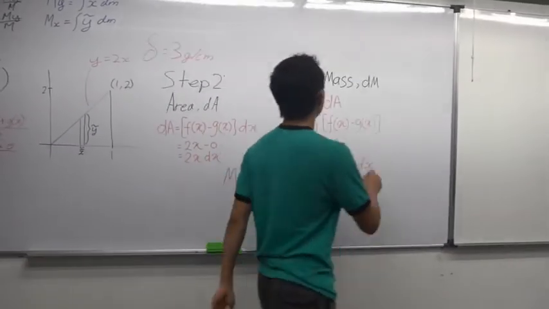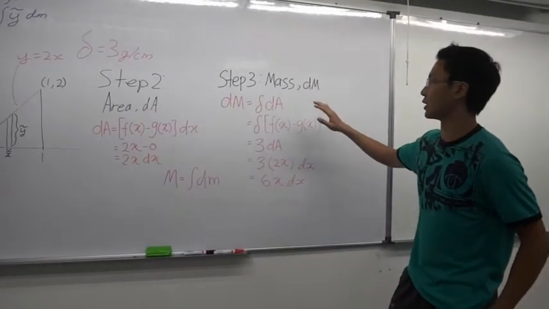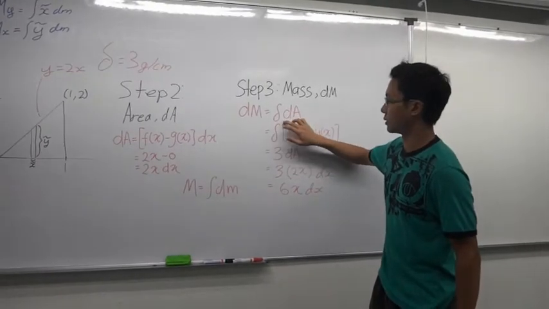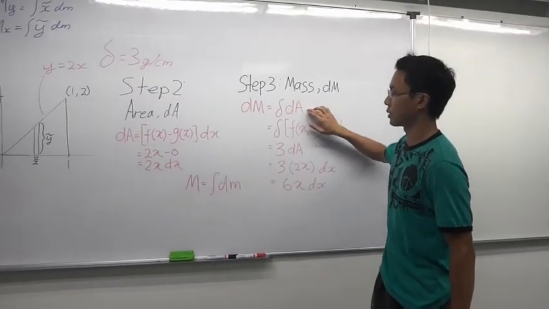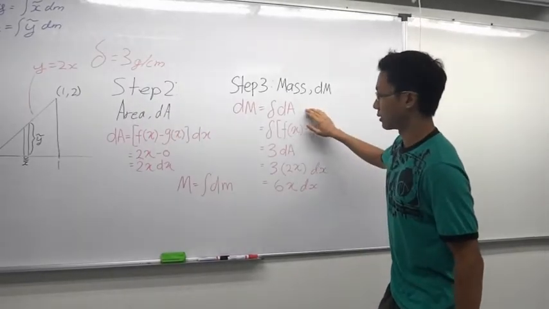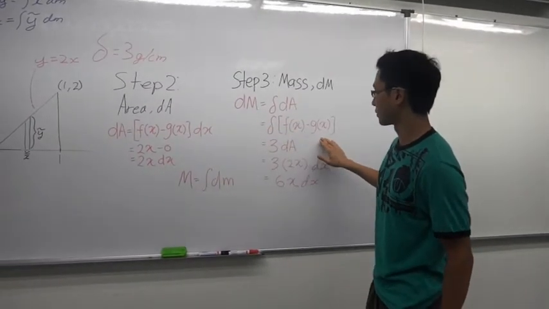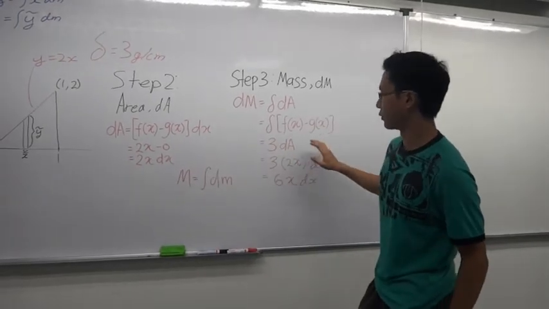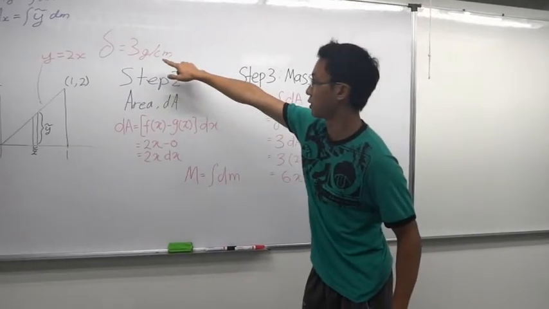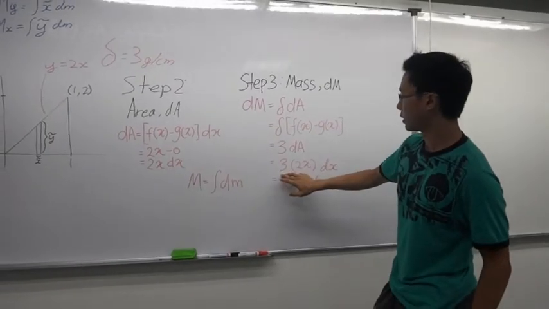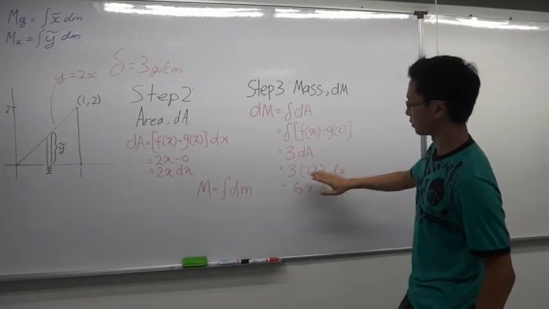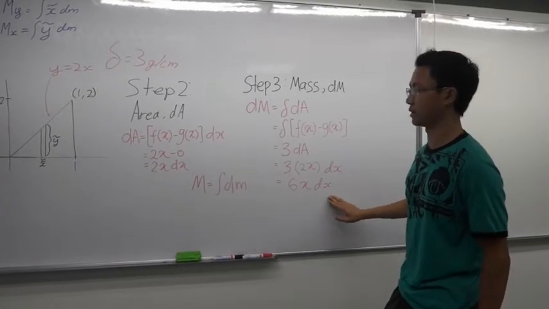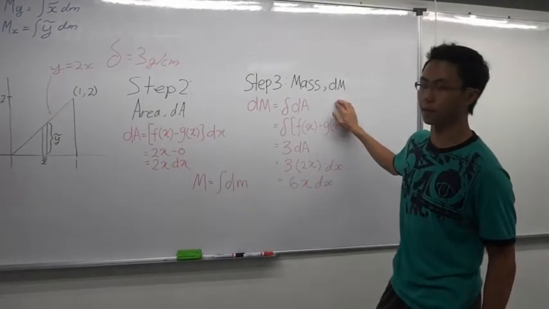Step 3, finding the mass of the object, dm. dm will be equal to the density of the object multiplied by dA. So again, dA was f(x) minus g(x). So we substitute our value for dA back in here, and we get the density 3 multiplied by dA, which gives us 3 times 2x dx, which brings us to 6x dx as our final answer for dm.